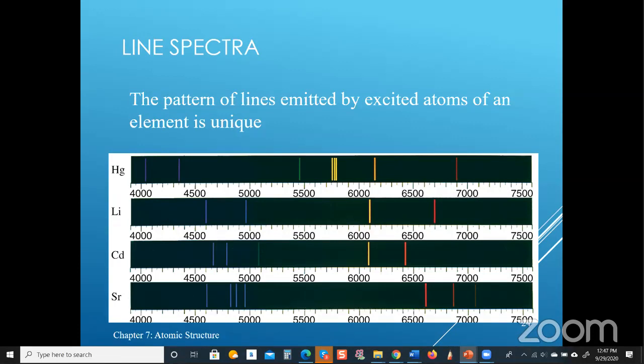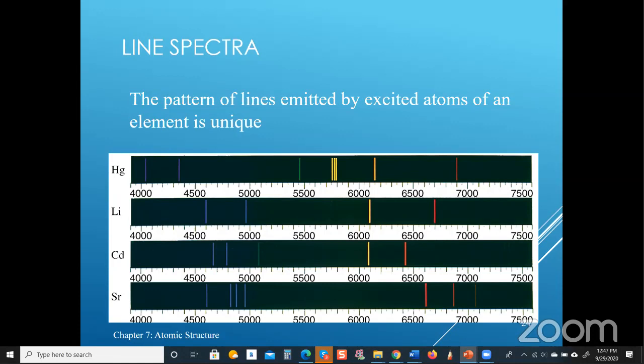And it's because each element has its own unique line spectrum that we know that there are certain elements that exist in the sun, especially some metals, that exist as gases in the sun. Astronomers have special instruments that they can use to look at the line spectra of the different elements up there, and they can identify that certain elements like iron are present up there in the sun, all right?